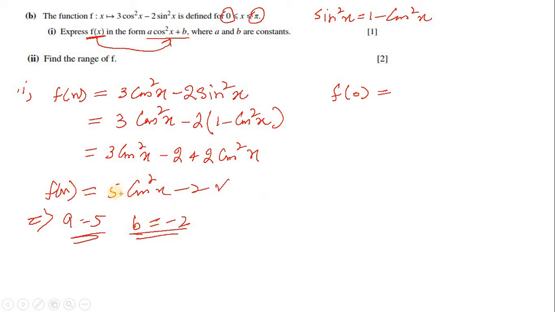So f of 0 is 5 times cos square of 0 minus 2. Clearly cos 0 is 1, and its square is 1, so 5 times 1 minus 2. So f of 0 is 3.